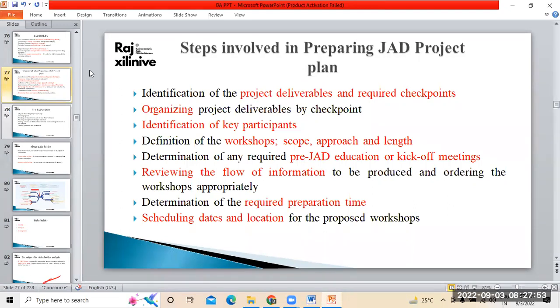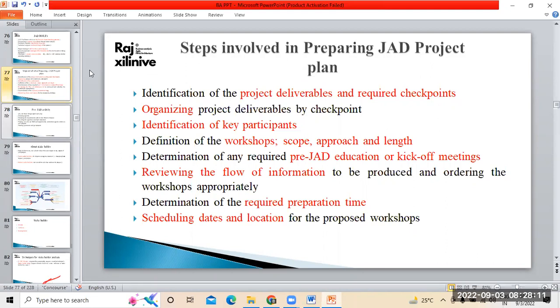So here, identification of project deliverables is what we have to do. What deliverables we want to achieve finally is what we will know first. That's the first point.